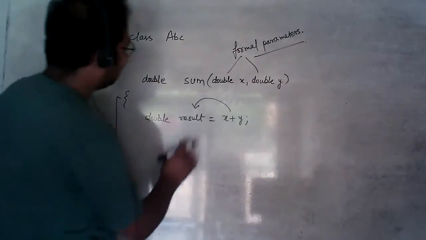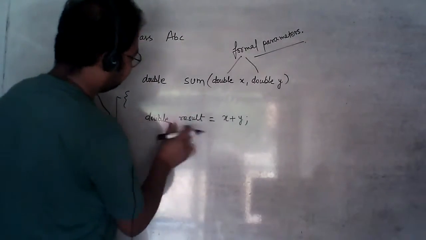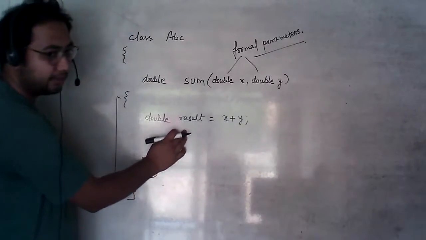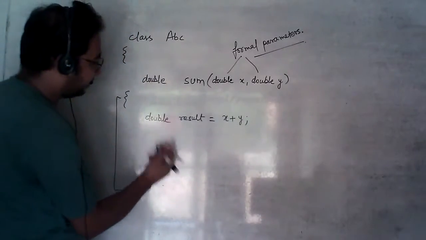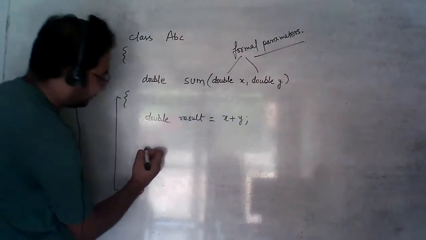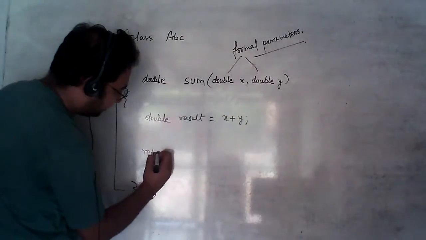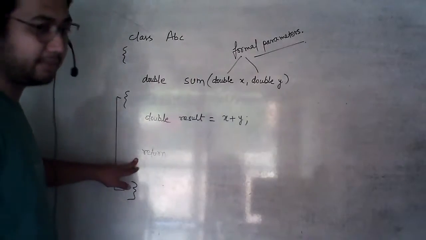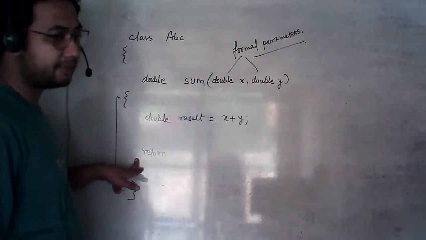Understood? So the addition will hold in this variable, and thereafter we will compulsorily use the return statement. The return statement is also known as a jump statement.